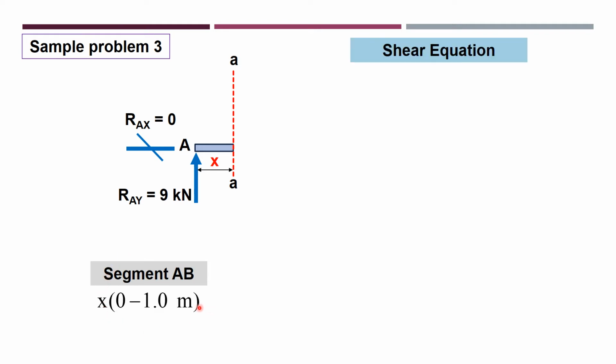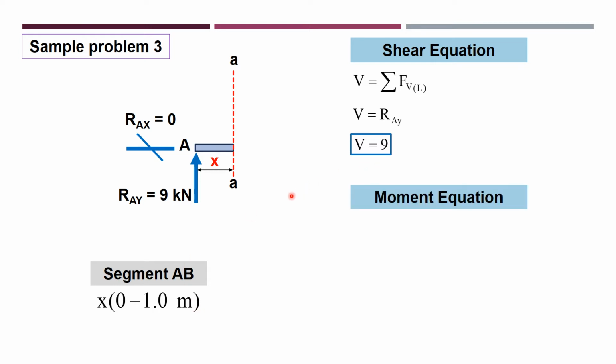And then, for the shear equation, we will sum up vertical forces to the left of the imaginary cutting plane. So we have the vertical reaction, upward, 9 kilonewtons. So we have the shear equation for AB, which is V equals 9.